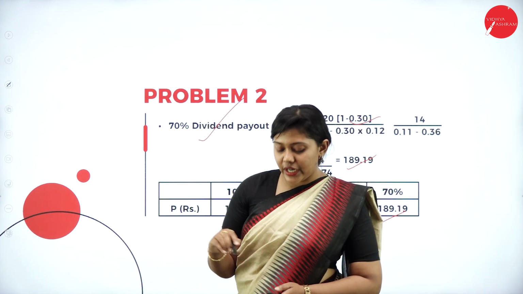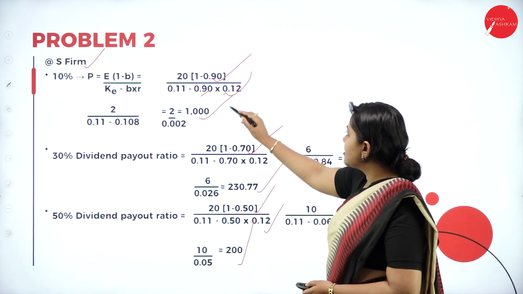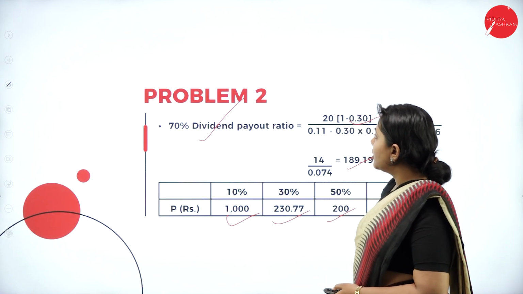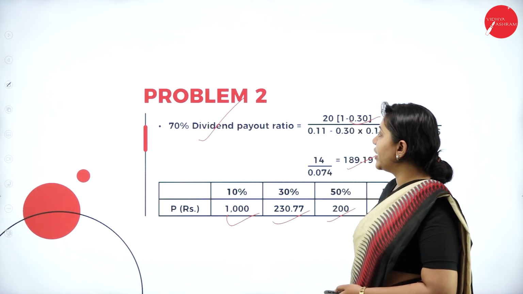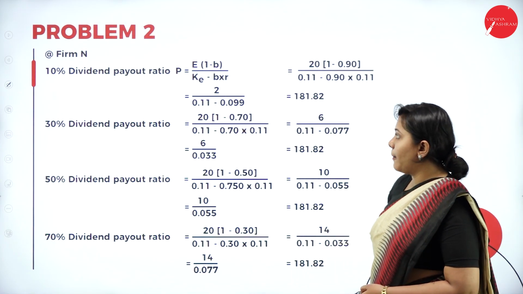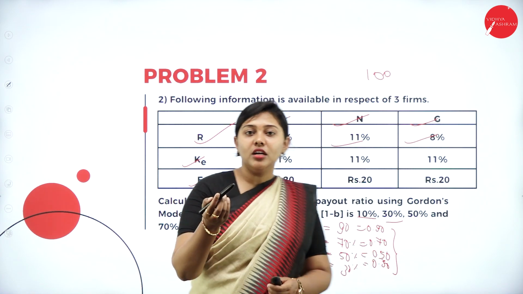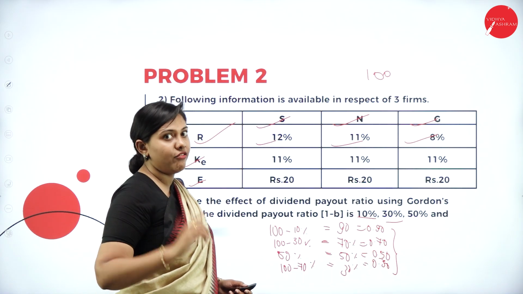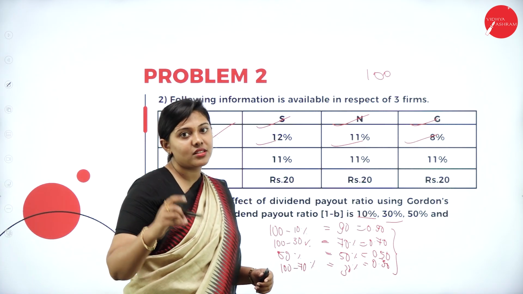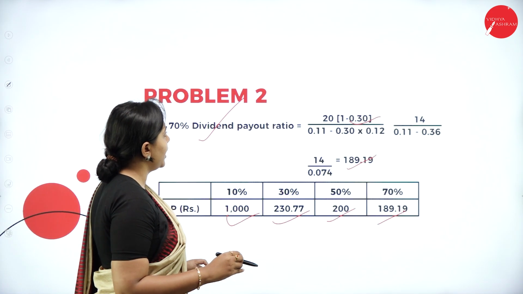Now we need to calculate for 11%. This rate of return is how much? 0.12, and this we have calculated. Now we need to calculate for firm N, and for firm N the rate of return is 11%. So what we have to take for firm N? 11% is the rate of return we need to take.